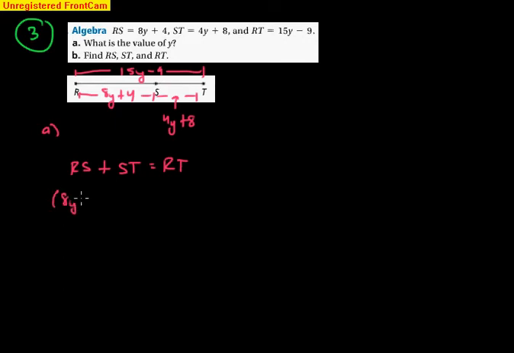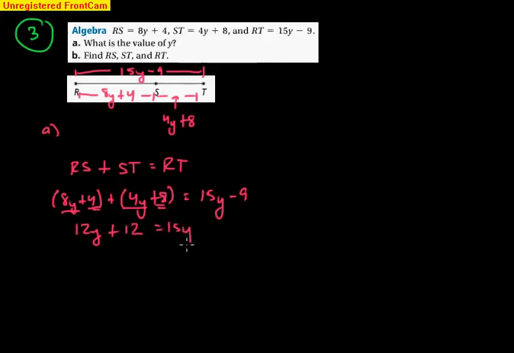RS is 8y plus 4. ST is 4y plus 8. And RT is 15y minus 9. And now we need to combine like terms and solve this equation. So we can combine the 8y and the 4y and make 12y. We can combine the plus 4 and the plus 8 and get plus 12.